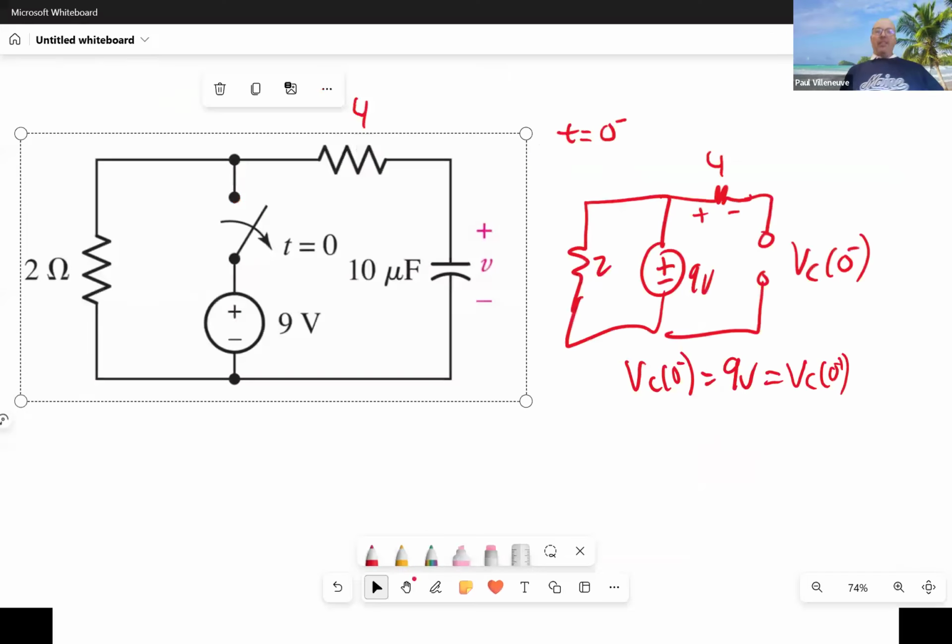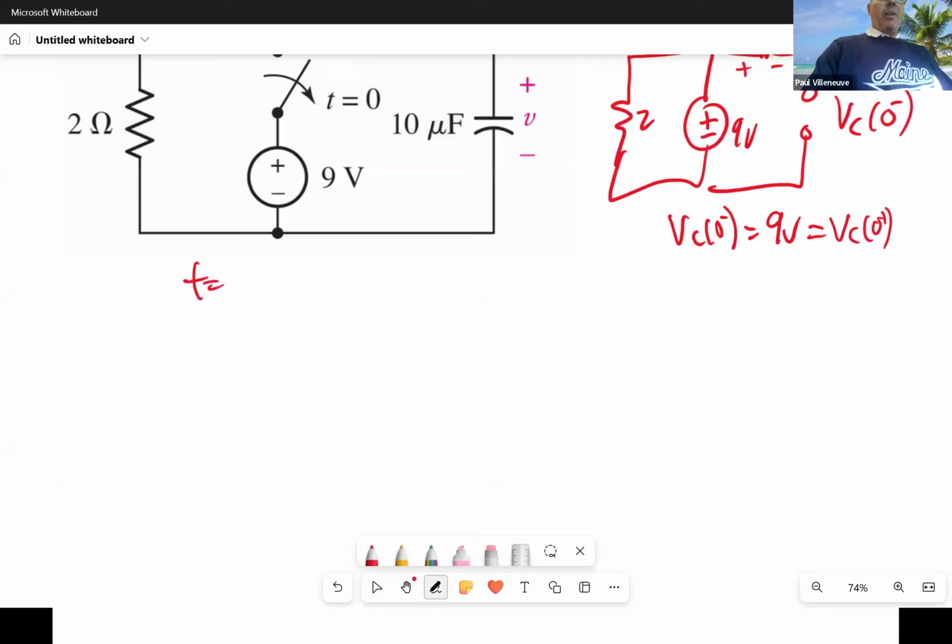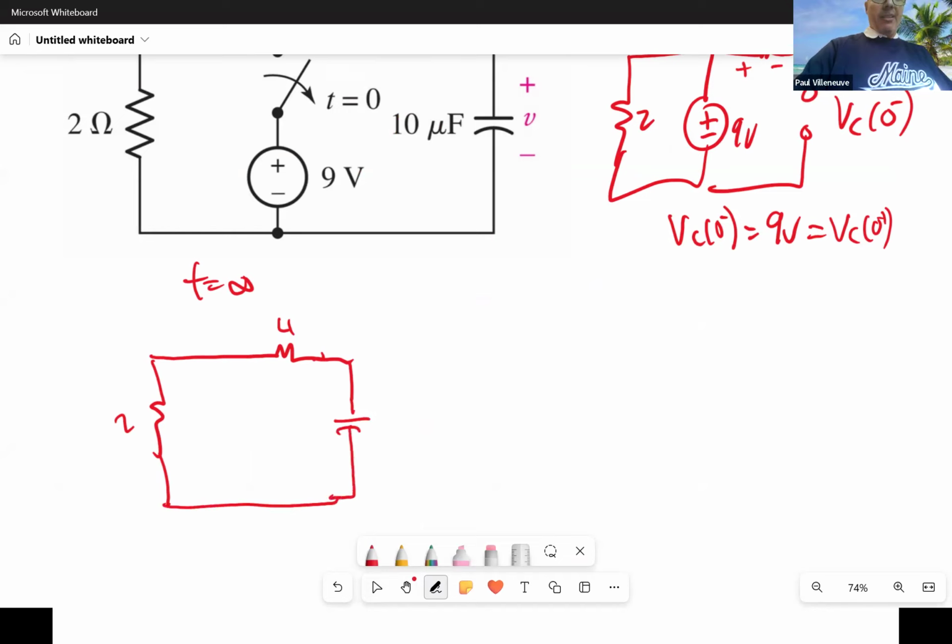Now I want to solve for Vc of 0 minus. So this is T, not 0 minus, of infinity. So this is 2 ohms. This is 4 ohms. And this is my capacitor. I'll show it as a capacitor.